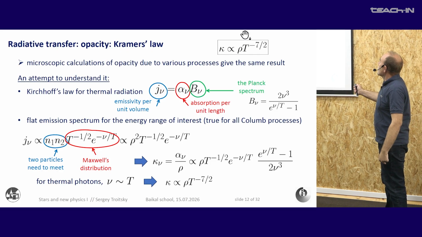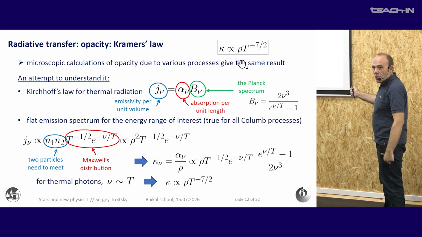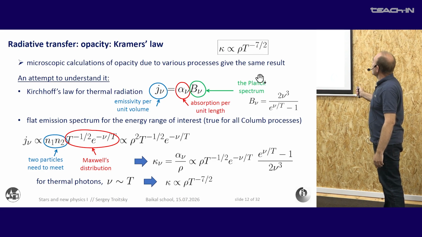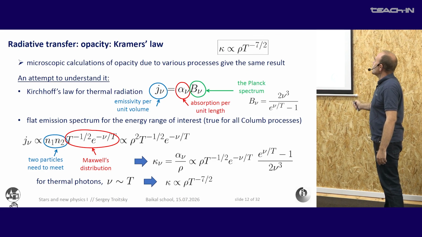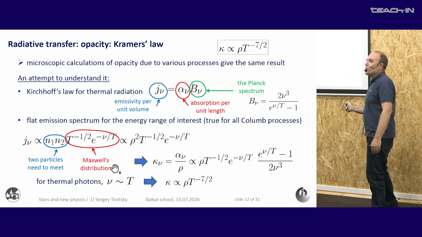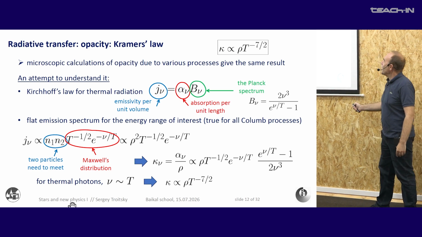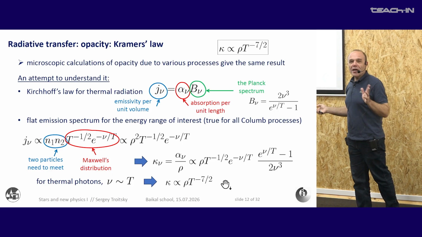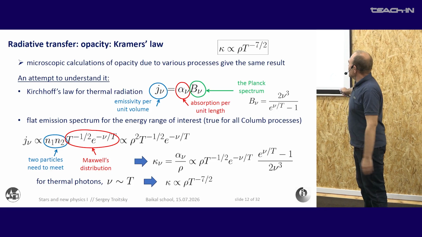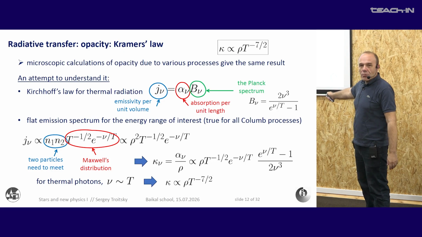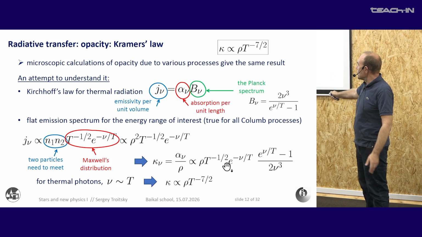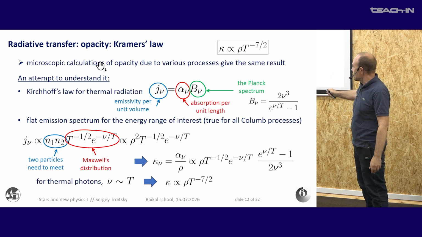So this density is trivial to understand for pair processes, and this is also a combination of the Maxwell distribution for electrons and the Planck spectrum for photons. And what is the assumption? Actually, two assumptions. One is that the process is thermal, so that we can rely on Kirchhoff's law.